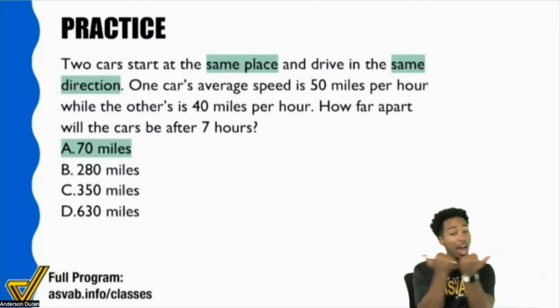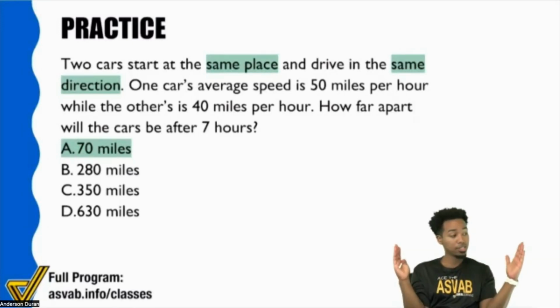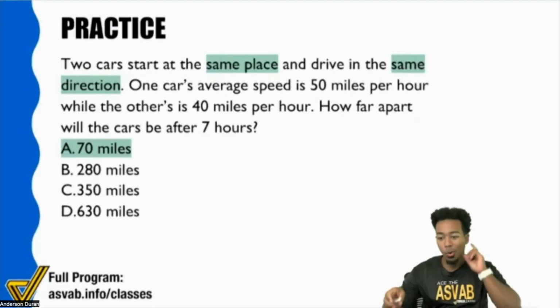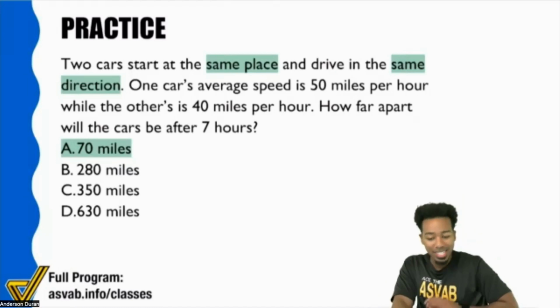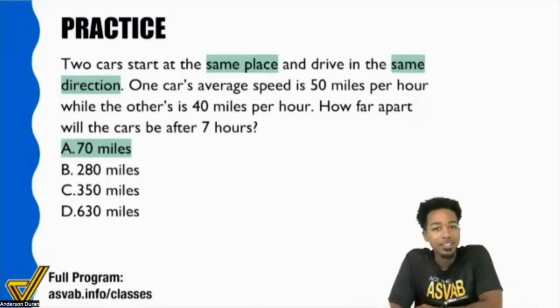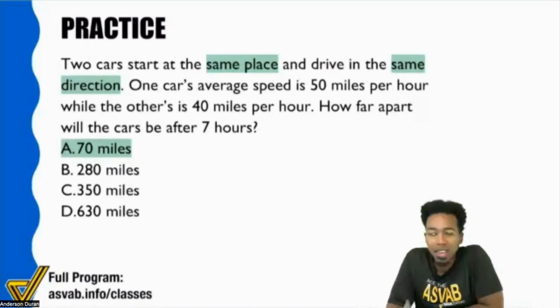When they go in opposite directions, this one's covering this space, this one's covering that space. And so you add it together when they're going opposite ways. We'll talk about that in tomorrow's class, again, like I said. But with that said, who here feels like, hey, when it comes to the fundamentals of rate word problems, you are solid, you are strong.